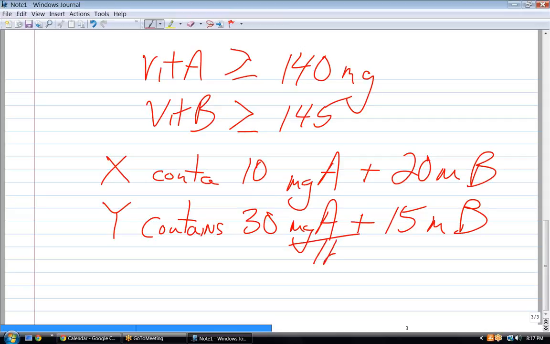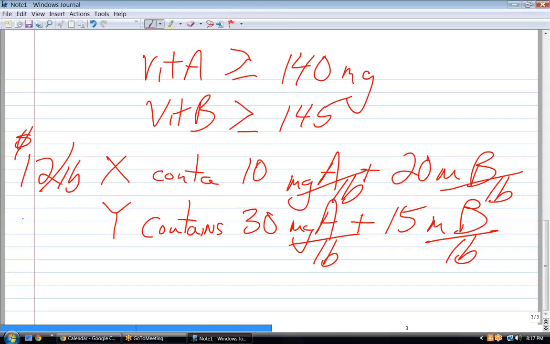Okay. I don't know if that makes a difference. Type X costs $12 per pound, and Type Y costs $8 per pound. How many pounds of each type of food should you buy to satisfy the requirements at the minimum cost?